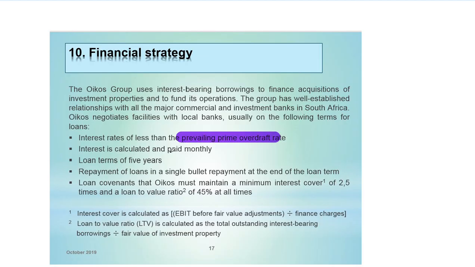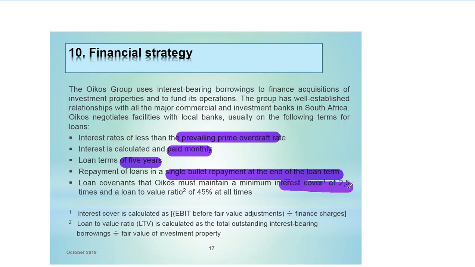Interest is calculated and paid monthly. The loan terms are for 5 years, and the repayment of loans is a single bullet payment at the end of the loan term. And the loan covenants are that Oikos must maintain a minimum interest cover of 2.5 times and a loan to value ratio of 45% at all times.